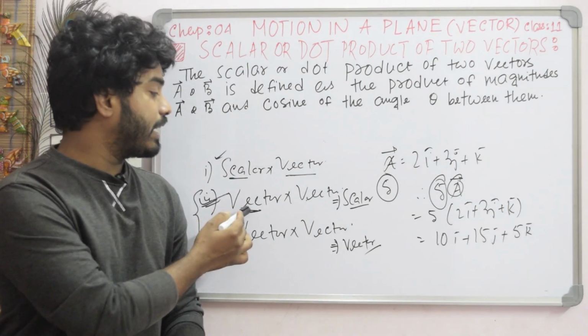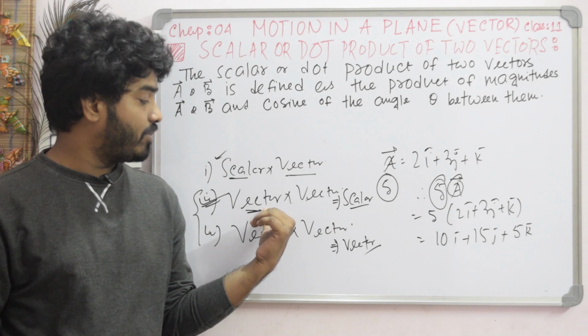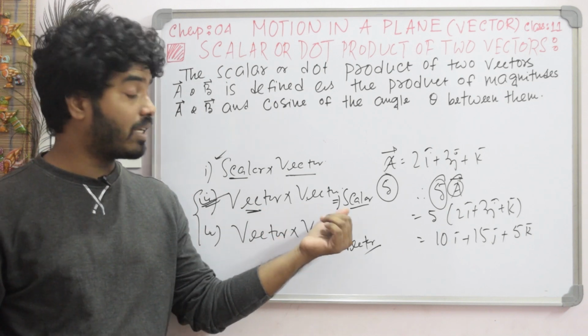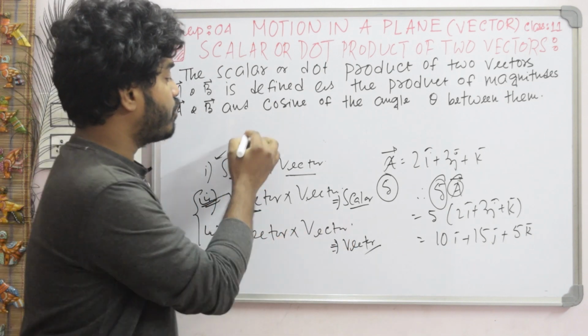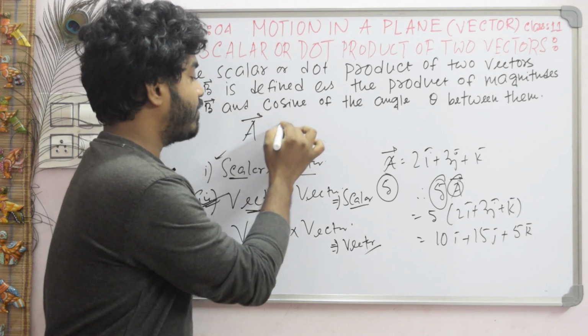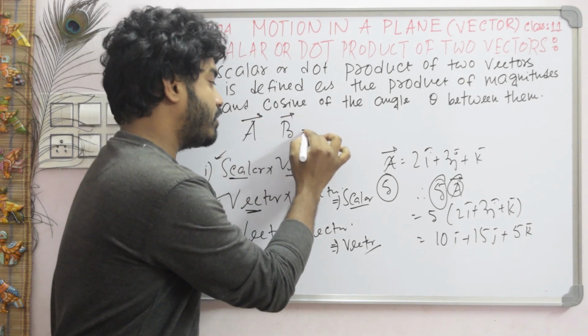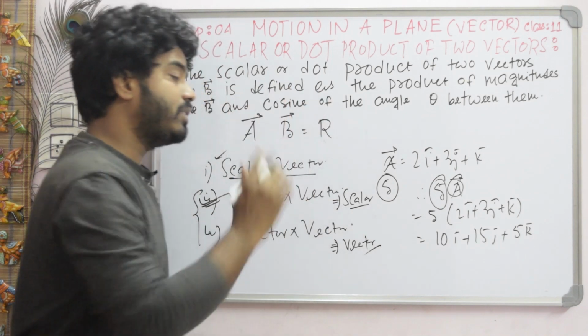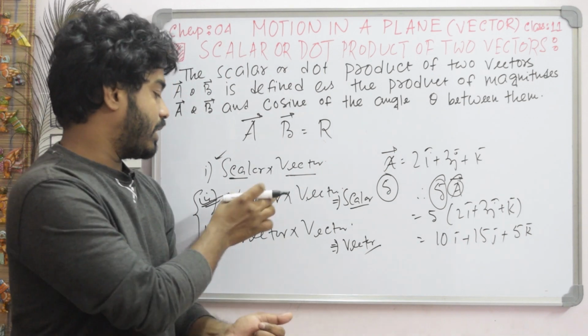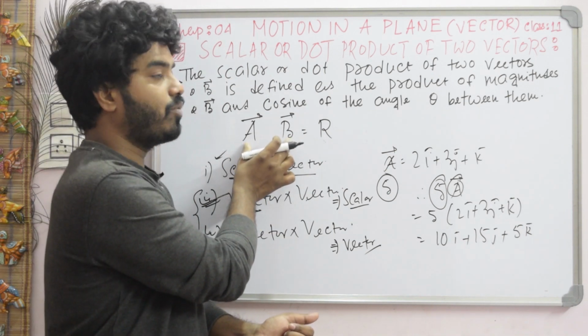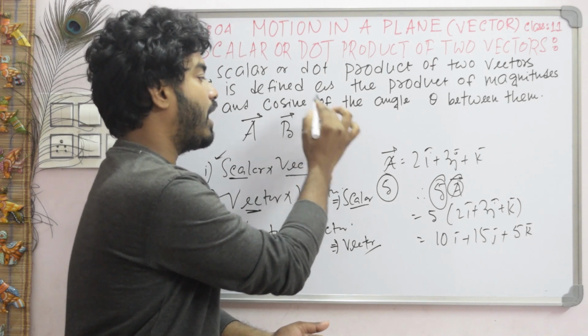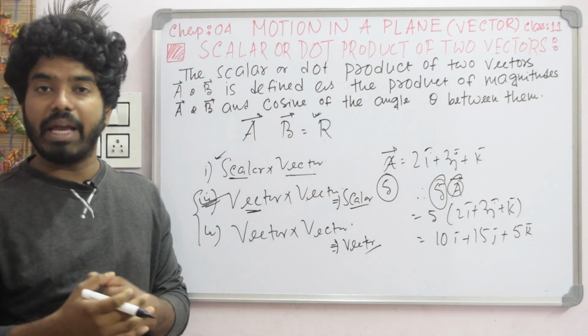Now the second one. How to represent a vector multiplied with a vector which gives a scalar quantity. Suppose we have two vectors, vector A and vector B, and in that condition we get a quantity which is named as scalar. Suppose the multiplication of these two vectors gives a quantity R which is scalar, which has only magnitude value.